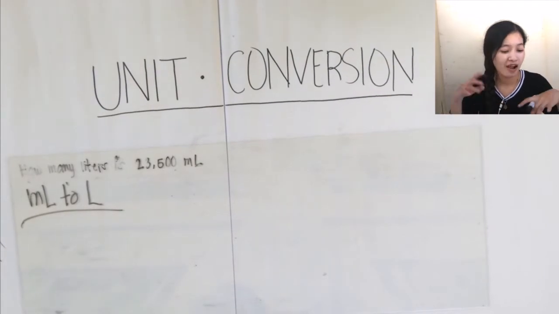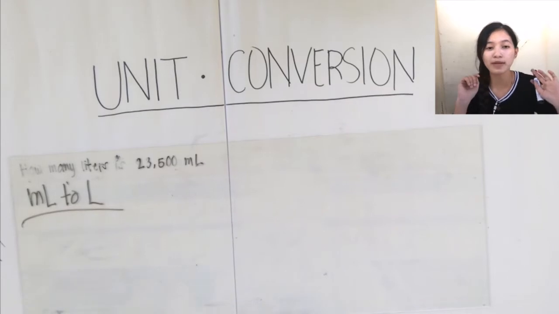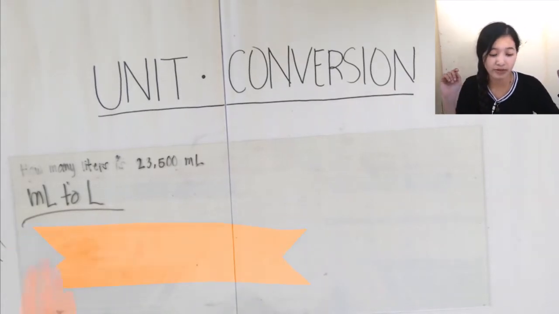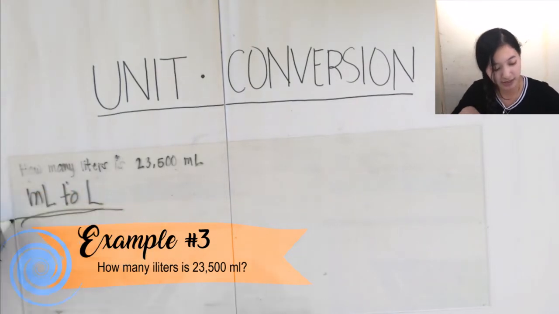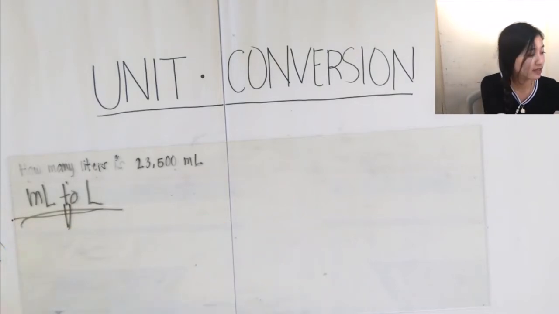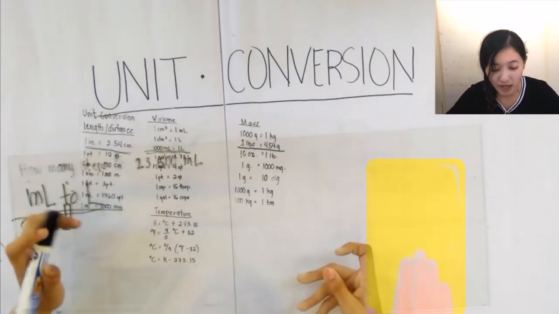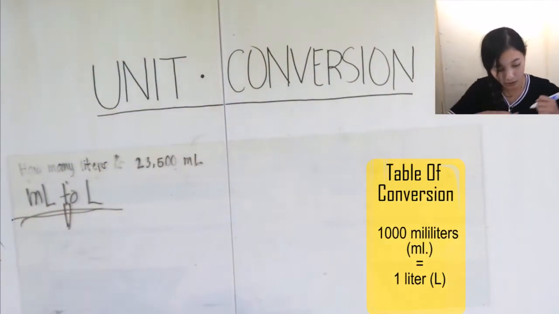Example number 3. First, you have to analyze the given problem. The problem is, how many liters is 23,500 ml? So ml to liters. In unit conversion for volume, 1,000 ml is equal to 1 liter.